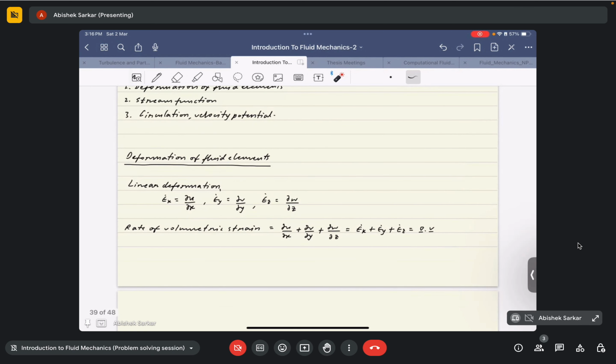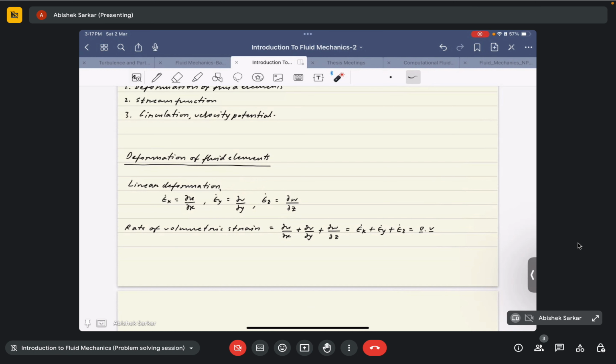As mentioned in last week's session, we discussed linear deformation. Linear deformation basically implies the elongation or contraction along a particular coordinate direction.